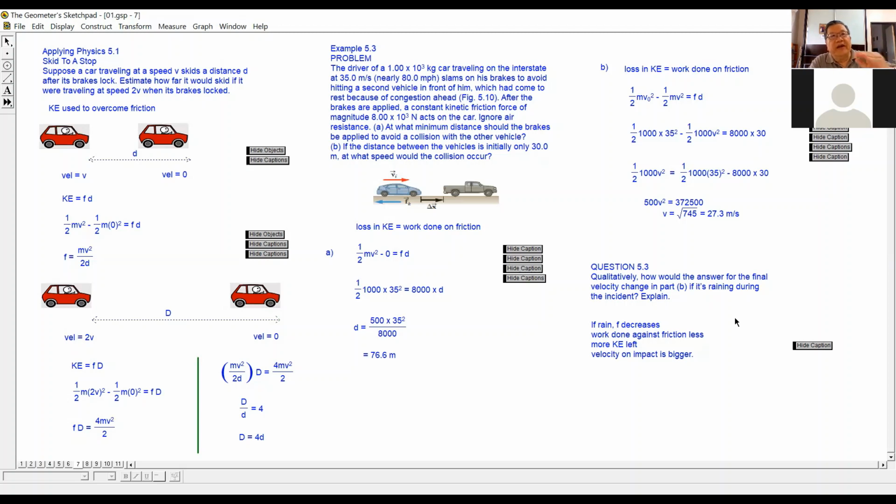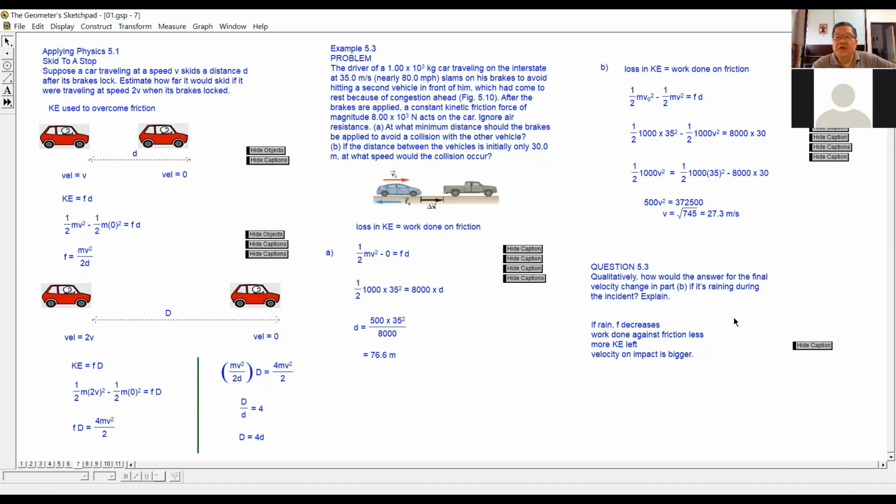So the amount of kinetic energy used to overcome the friction is less. So you have a lot of kinetic energy left, and when you translate that into velocity, the speed is still very high.